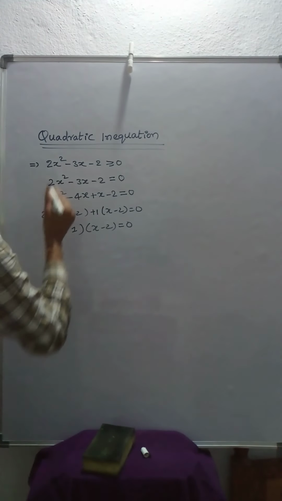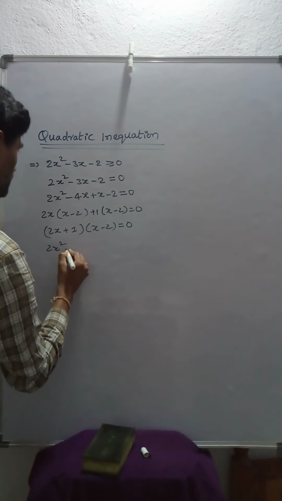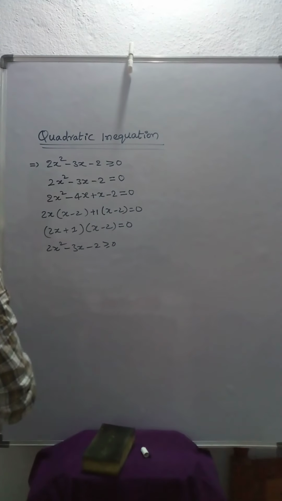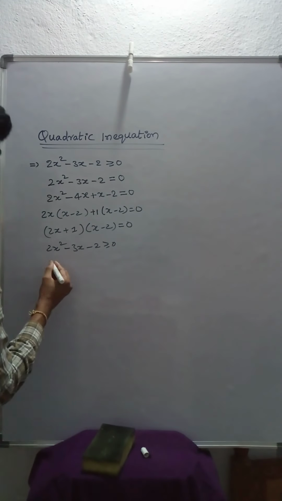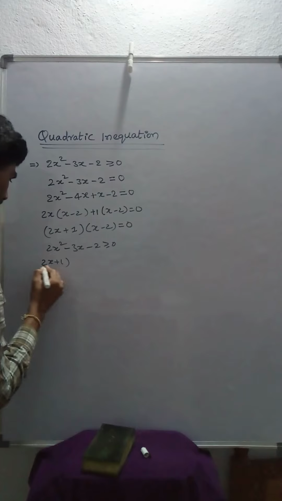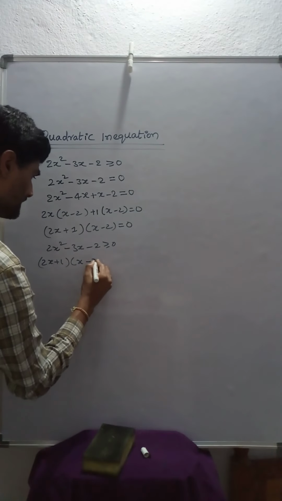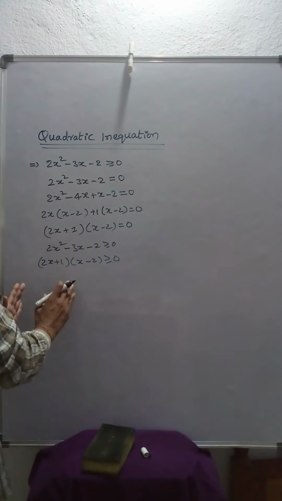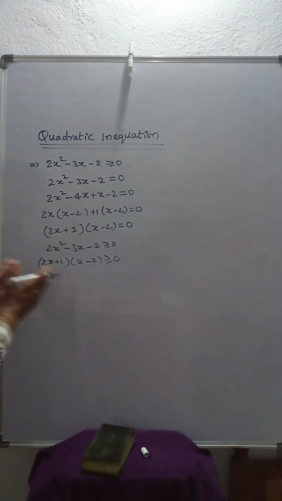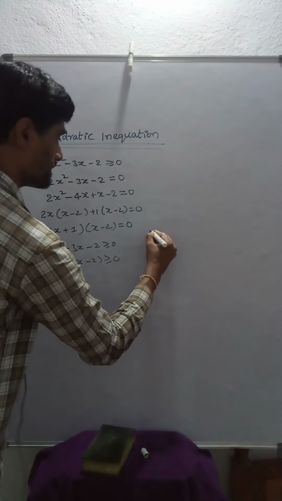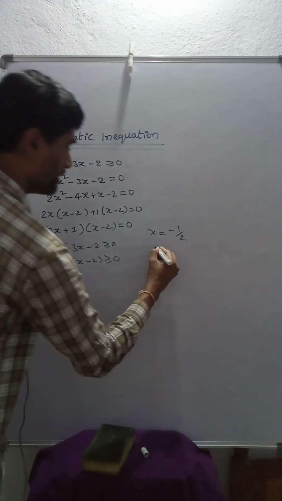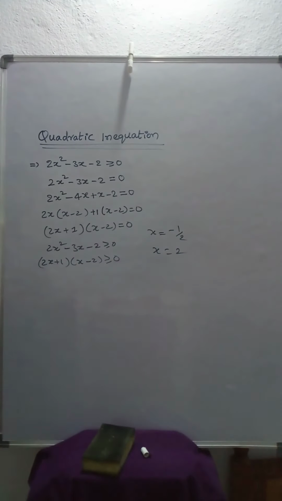Corresponding to this, write the quadratic inequation: 2x square minus 3x minus 2 greater than or equal to 0. What are the factors? 2x plus 1 is the first factor, x minus 2 is the second factor, greater than or equal to 0. Since equal to is there, two values are satisfying. What are the two values? x equals minus 1 by 2 is satisfied here, and x equals 2 is satisfied here.